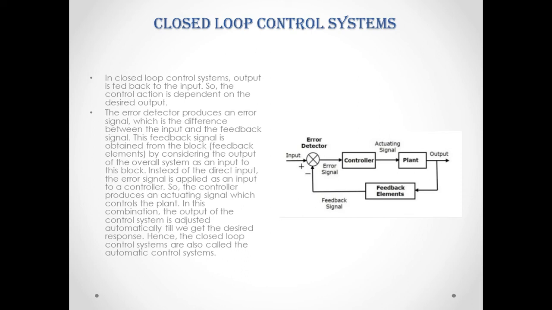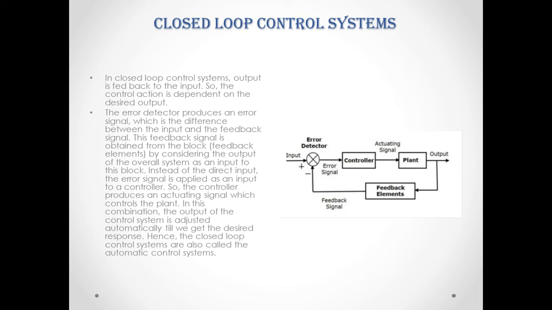Now the basic difference between open loop control system and closed loop control system is, in closed loop control system, control action is dependent on desired output. In open loop control system, control action is independent of desired output. In closed loop control system, feedback is present. In open loop control system, feedback is absent.